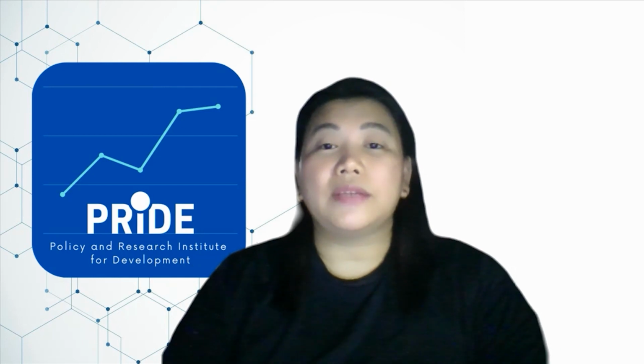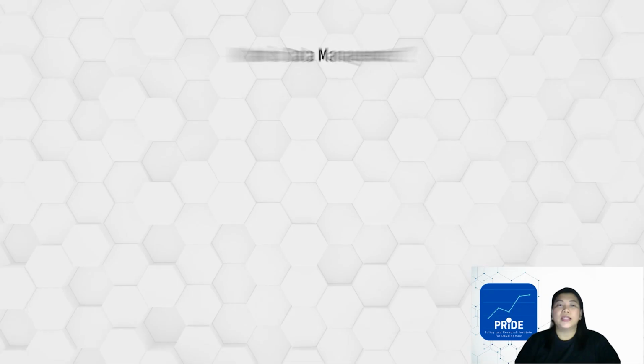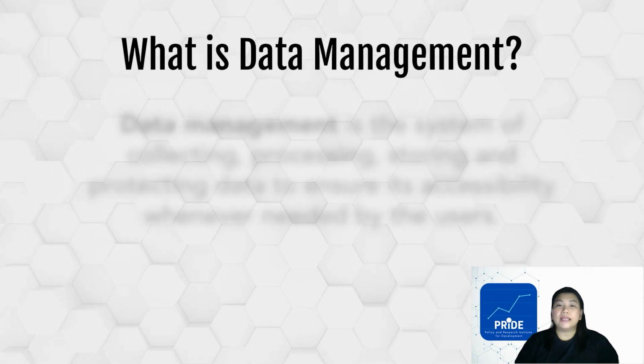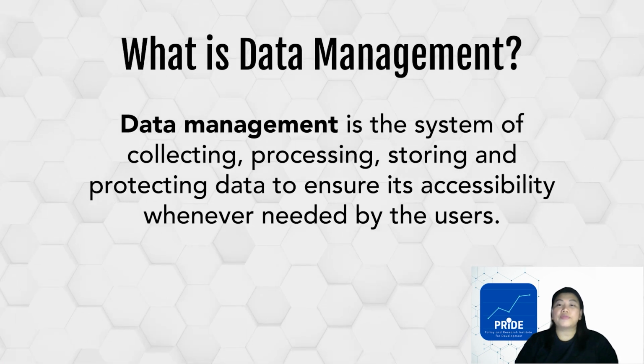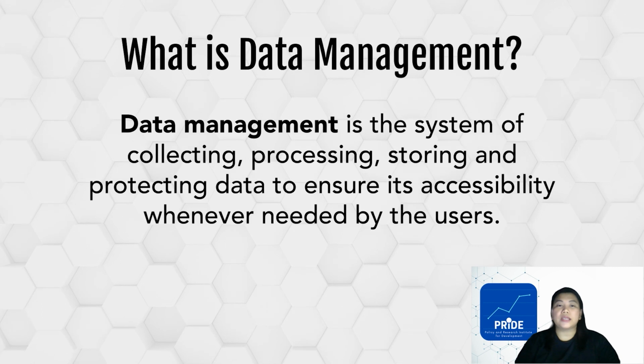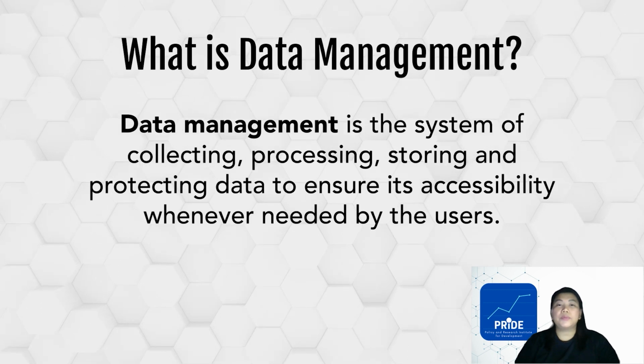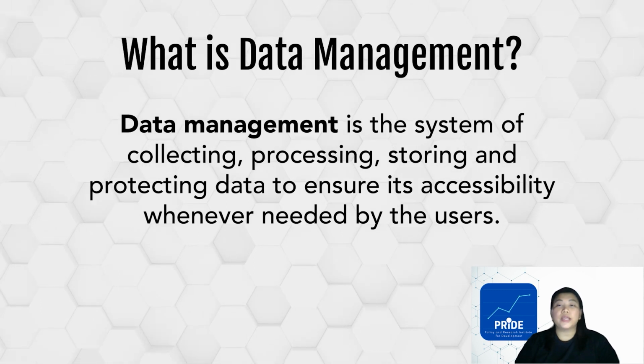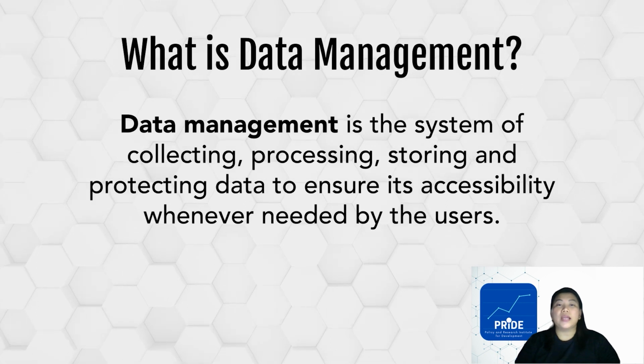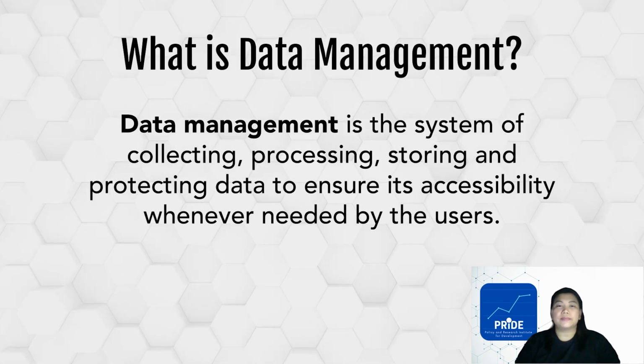Let us begin by defining what is data management. Simply put, data management is the system of collecting, processing, storing, and protecting data to ensure its accessibility whenever needed by the users.